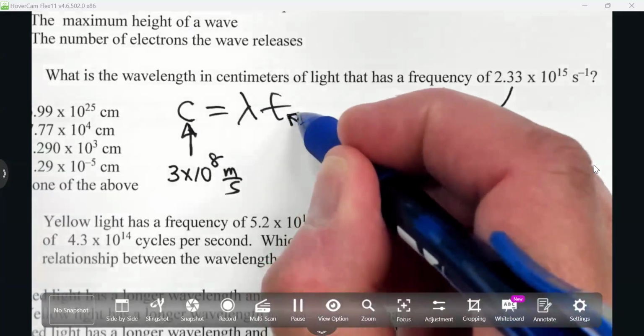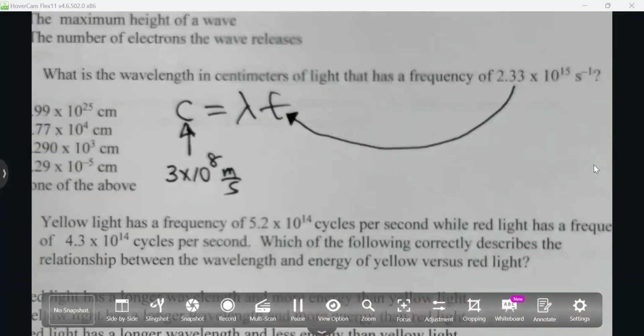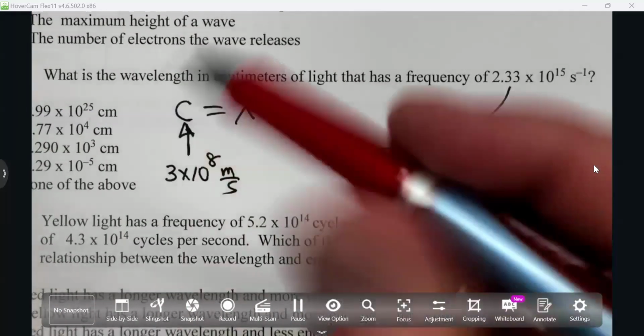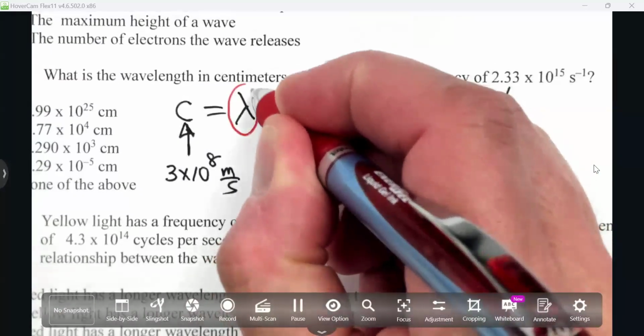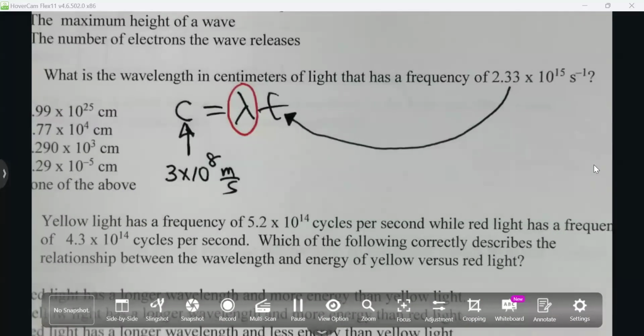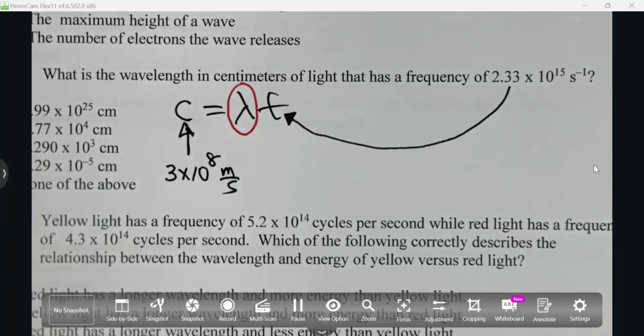This is our frequency. You're going to solve that for your wavelength, and the answer is going to be in meters. This is going to work out to meters after you solve this, and then change it to centimeters.